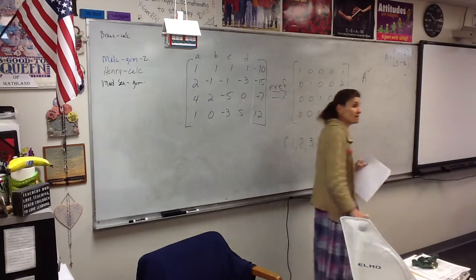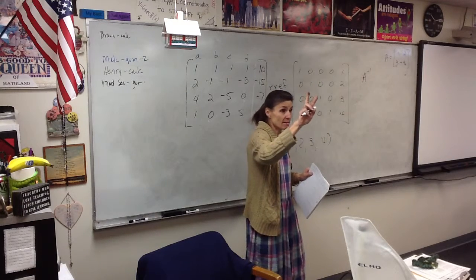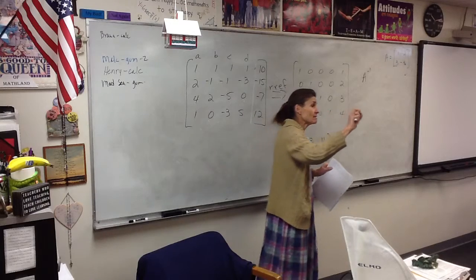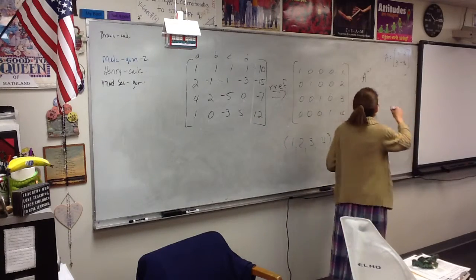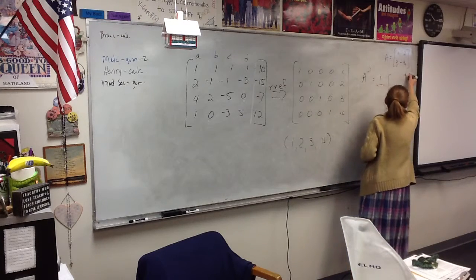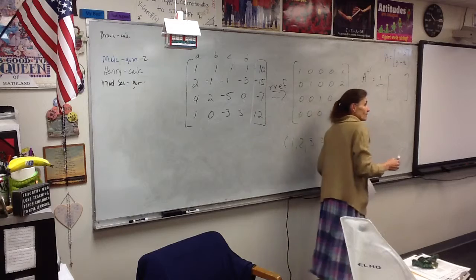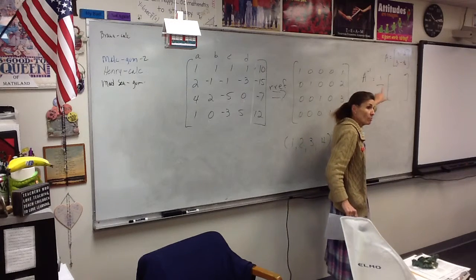Now, finding the inverse is a 2-step process. Let me say that again. Finding the inverse is a 2-step process. It's going to be 1 over something times the new matrix. Now, what's the something? 1 over what?